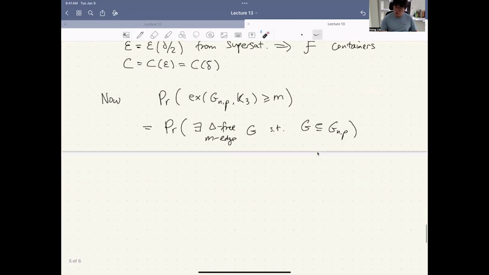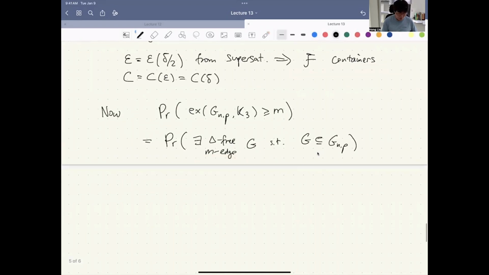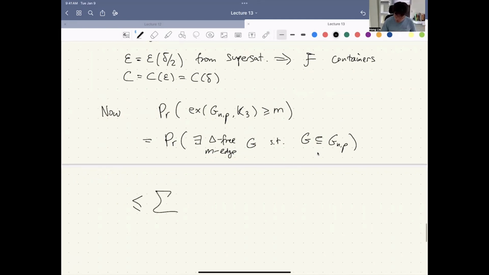What do we know about such a graph? We know that G is triangle-free. That means it is contained in one of these containers. So let's do a union bound here. This is at most the sum over all containers F.